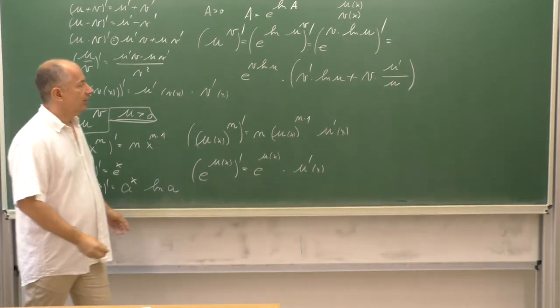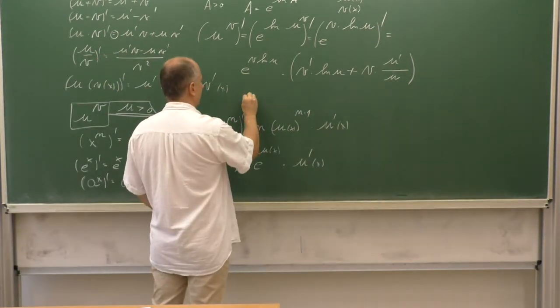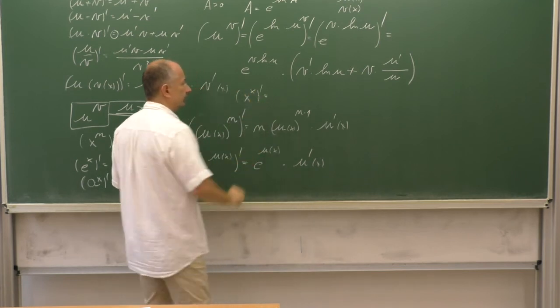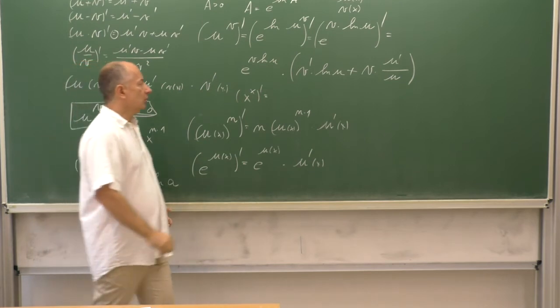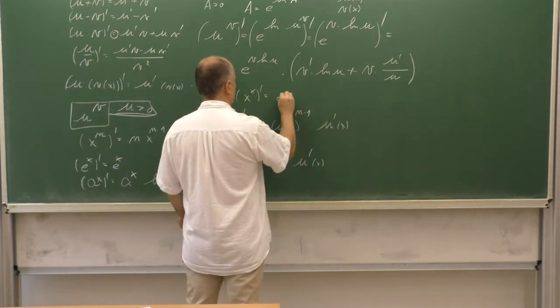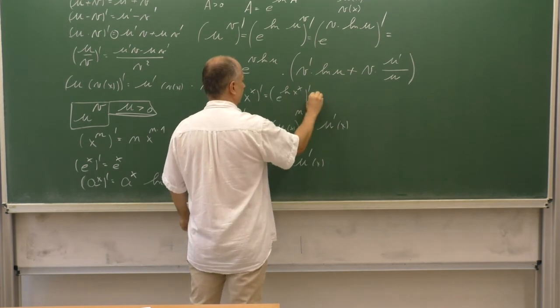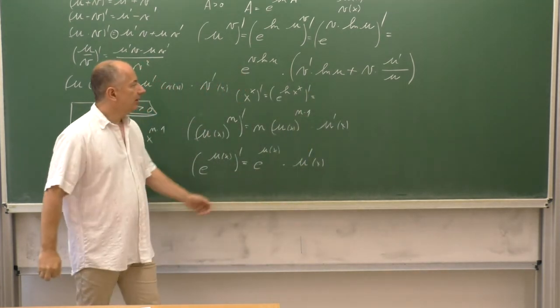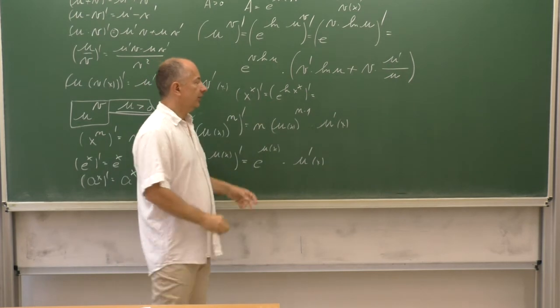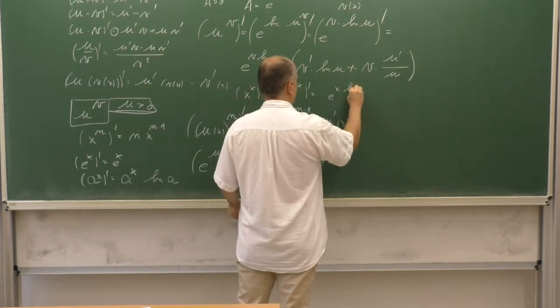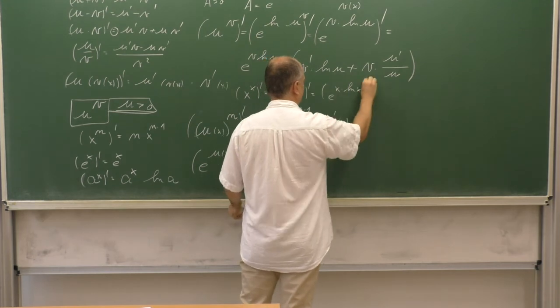Well, let's practice this for expression like x to x derivative. So first we can write it as e to logarithm of x to x. Then we write this exponent in front of the logarithm, and we have e to x times logarithm of x.